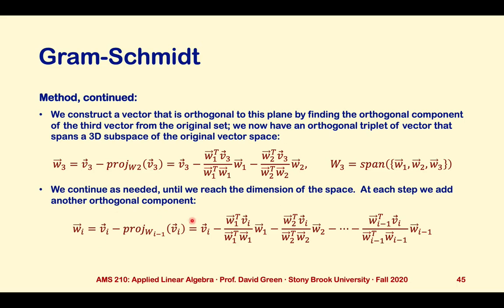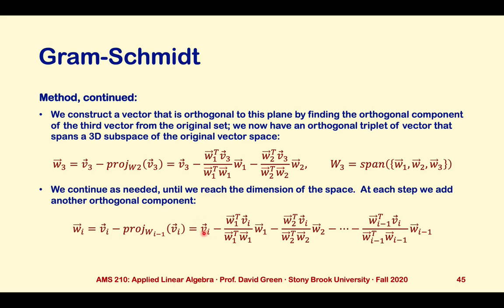At each of those stages, because we already have an orthogonal basis for the W's, we can compute that projection very easily, simply as a sum of projections onto individual basis vectors. Our general rule then can be written something like this.